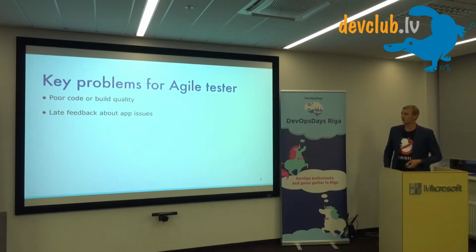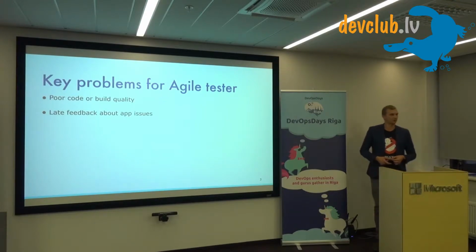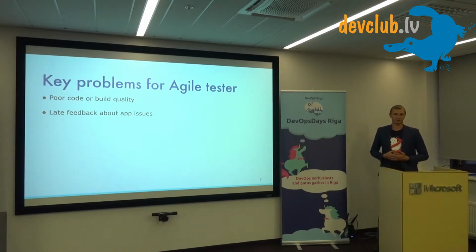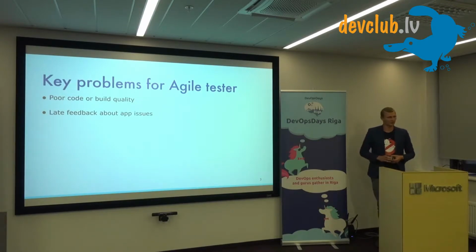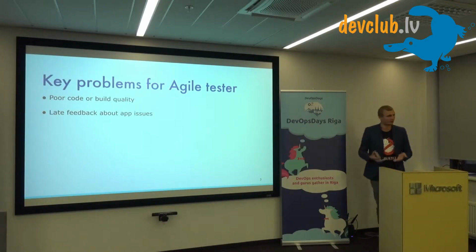Some key problems that I have seen for Agile teams. The first one is poor code or build quality. Basically, after a developer has done his job and provided a new build for the tester, I have seen that sometimes the build is not possible to install on your mobile device, or the feature is not even implemented.